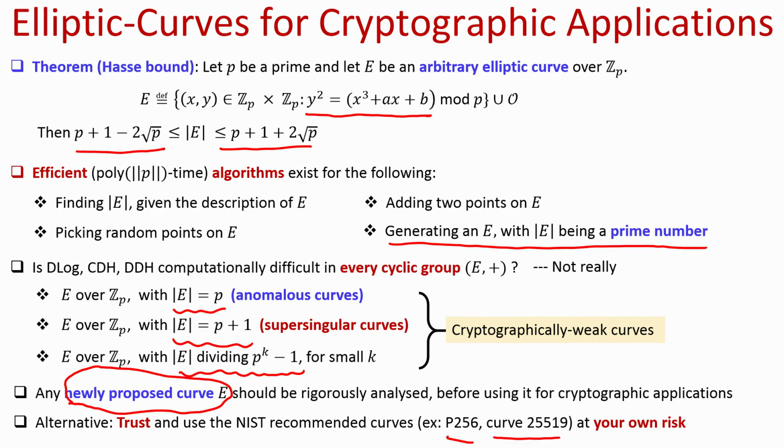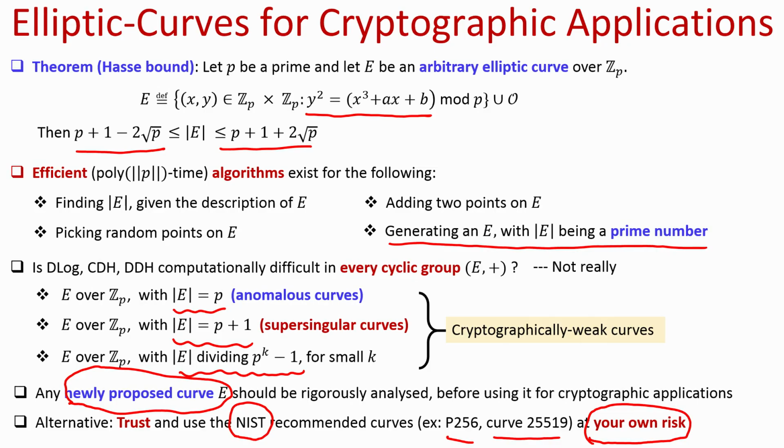That means there exist no polytime algorithms to compute the D-log of any randomly given point on those curves, but you should trust the claim of NIST at your own risk. That is why, when the government of any country tries to adopt a cryptographic primitive where the underlying cyclic group is based on elliptic curves, they become very skeptical of trusting the curves recommended by NIST, because they believe there might be some loopholes which only NIST knows, but which are not known in the public domain.